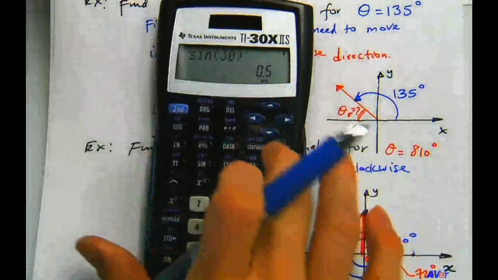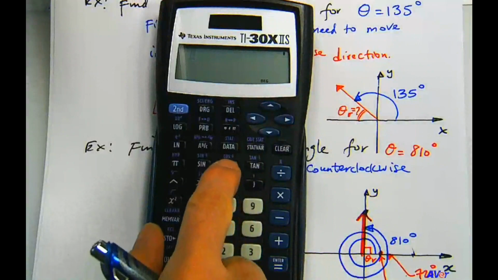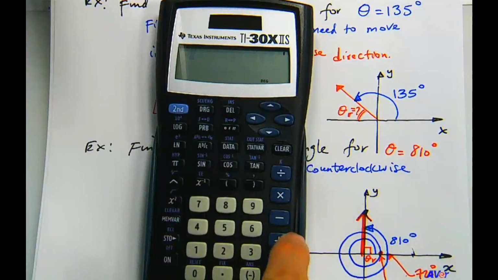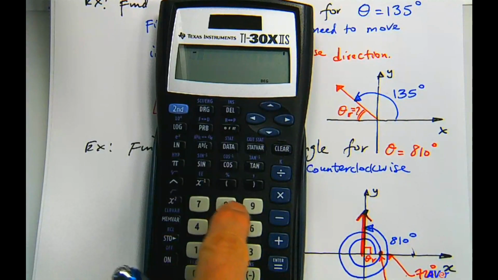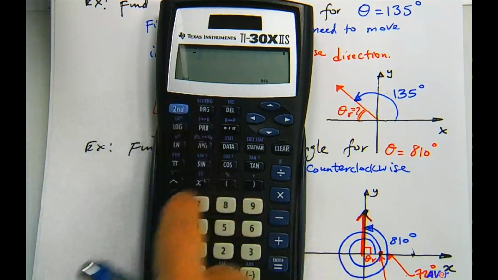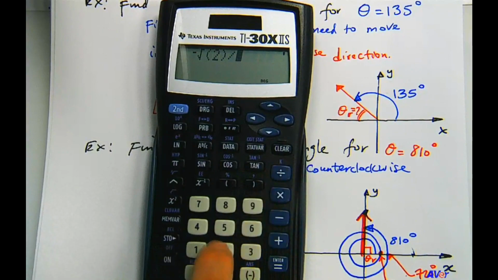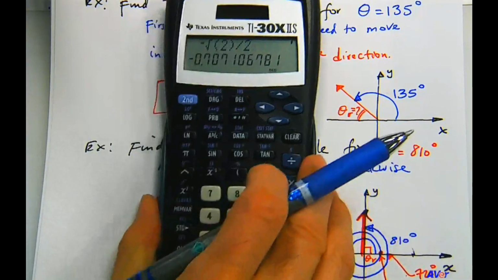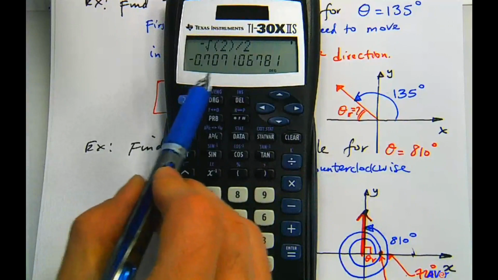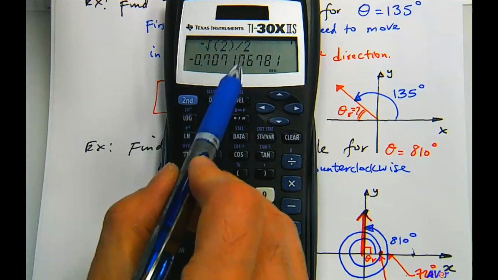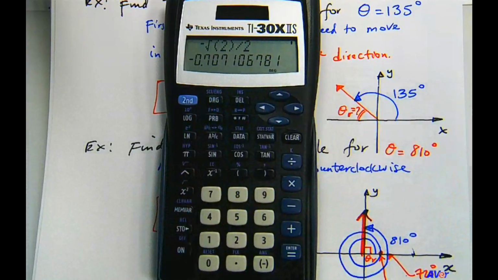It's going to be some negative number. So let me first do this. Minus square root of 2 divided by 2, what do we get? Look at that. We get minus 0.707106 and so on, right?